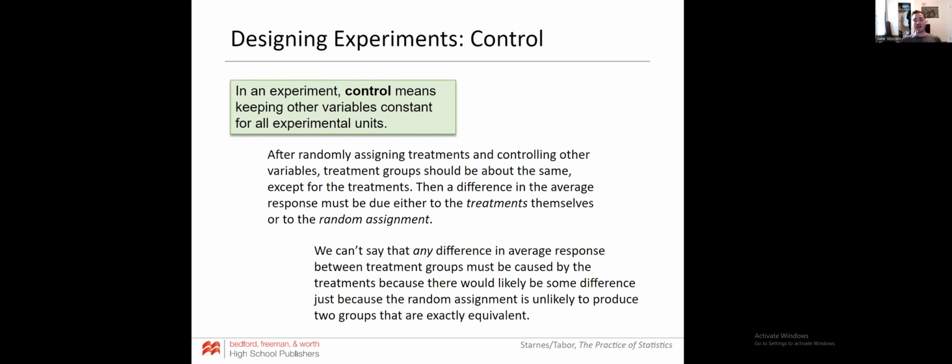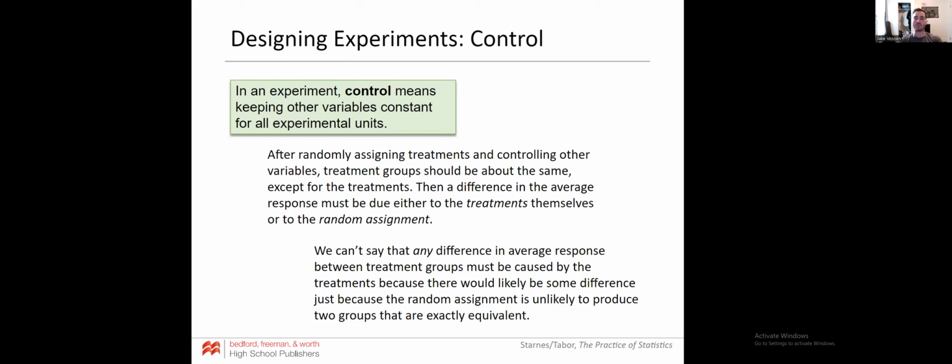You can't say any difference in average response between treatment groups must be caused by the treatments, because there are always going to be some variables. Just because random assignment is unlikely to produce two groups that are exactly the same, right? In some cases, you probably can have groups that are exactly the same, depending on what your experiment is. But if you're doing anything with people or plants or animals, there's going to be some changes in the two groups.